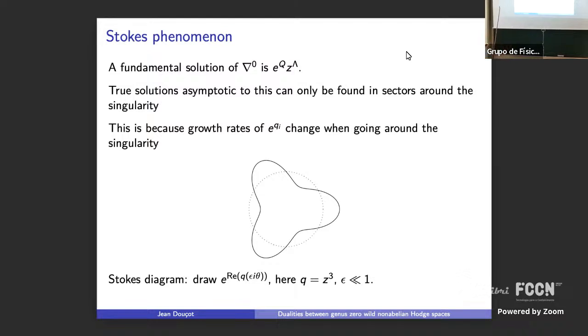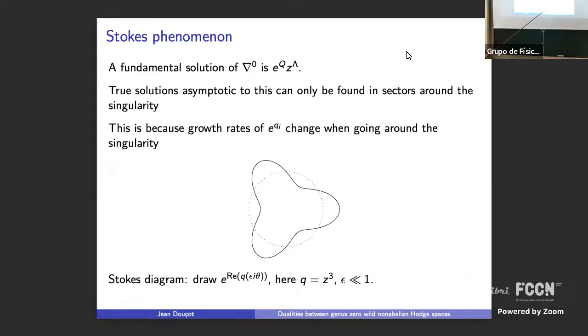And I can visualize those growth rates when I approach the singularity nicely by drawing what we can call a Stokes diagram. Namely, you draw the exponential of the real part of Q depending on the angle, because the growth rate is controlled by the real part of the exponential factor.